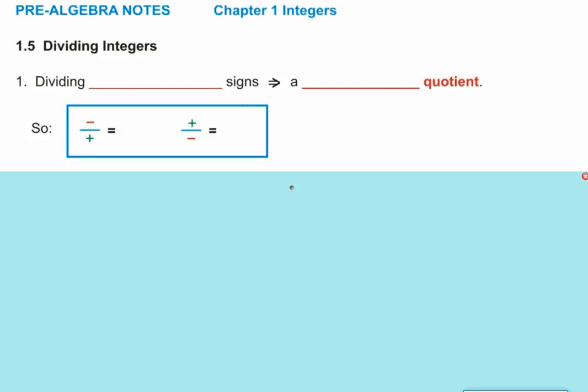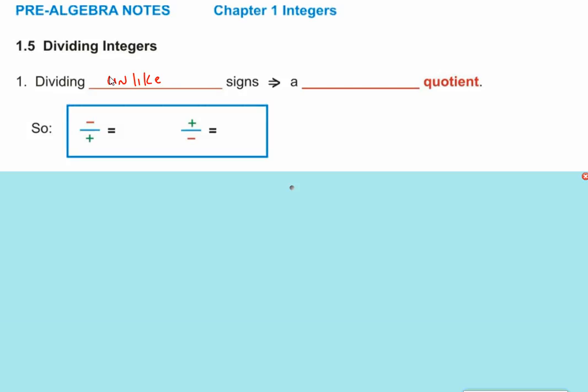Here we go. All right, dividing unlike signs. So if we know how to multiply, we should know how to divide. Because when we multiply unlike signs, the product is negative. When we divide unlike signs, guess what?